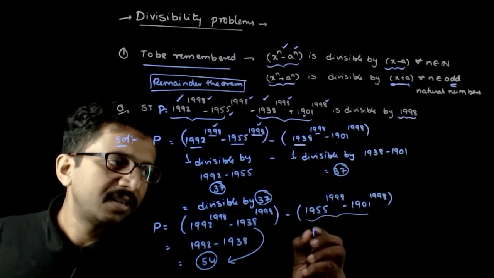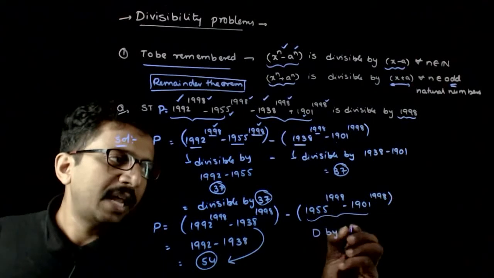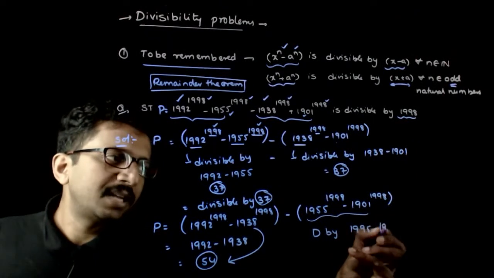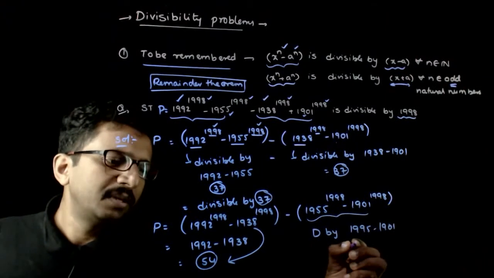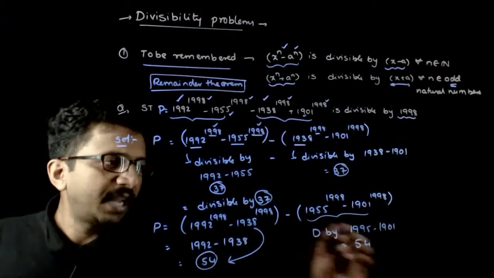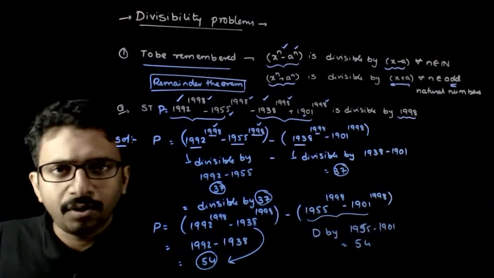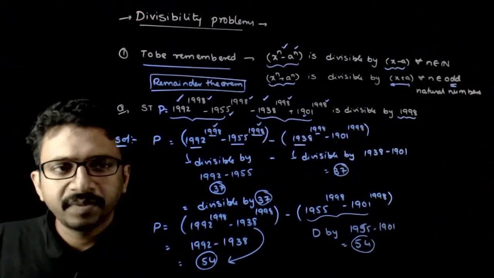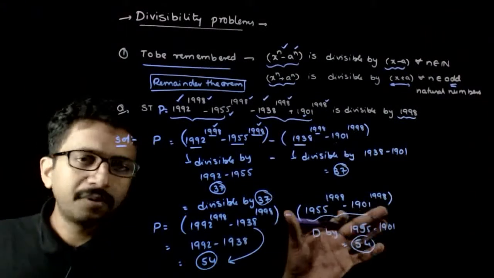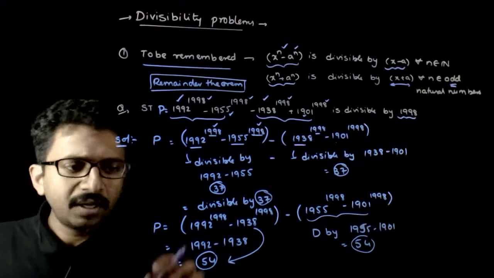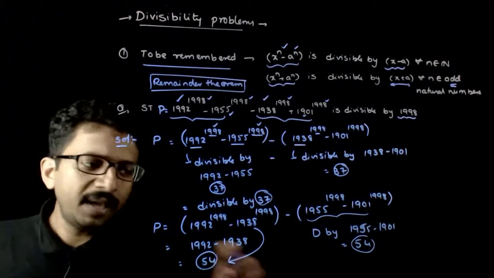So this is divisible by 1955 minus 1901, which is equal to 54 again. So this bracket is also divisible by 54. Hence P is divisible by 54.